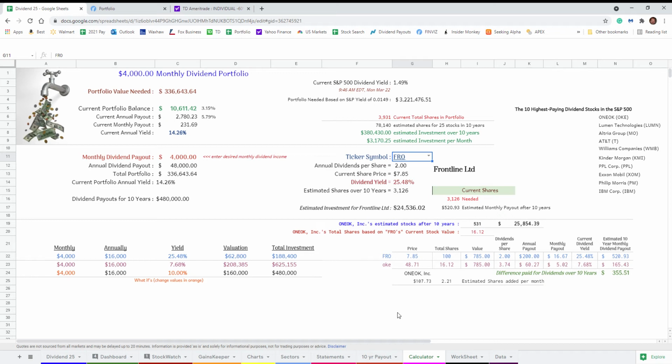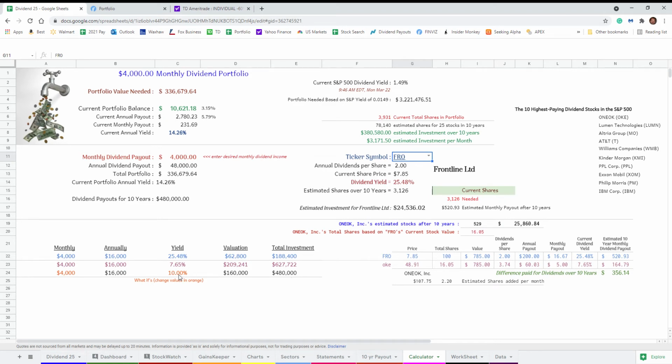So I'll create some more formulas, and sometimes I'll have to create another tab because it just gives me too much. What I'm telling myself here is that at a 10% yield, for $4,000 a month, it's going to be $480,000 in total investment.